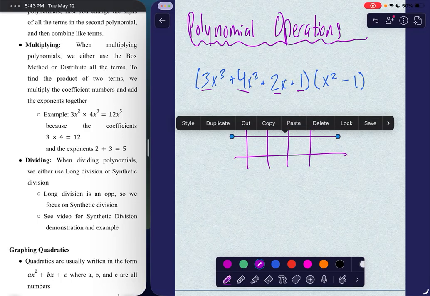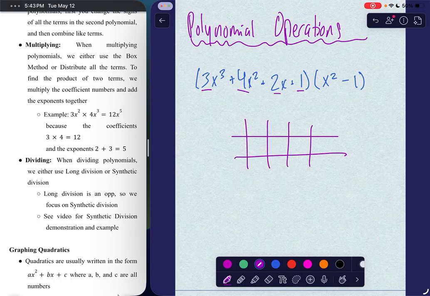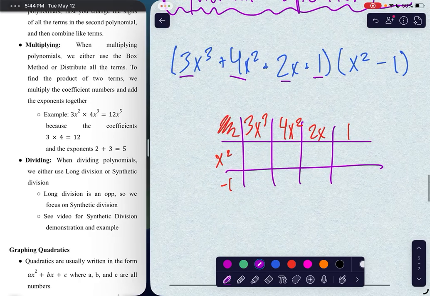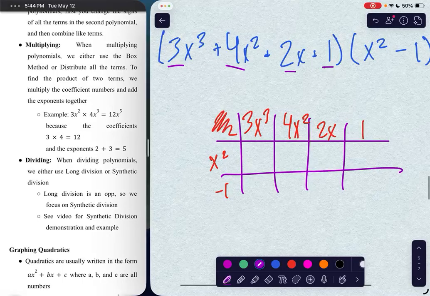So now I can put my polynomials in here, right? Remember again, this one's going to be blank. 3x to the 3 plus 4x squared plus 2x plus 1. And then over here we have x squared and then minus 1. So then in the boxes we multiply and put our answer, right?